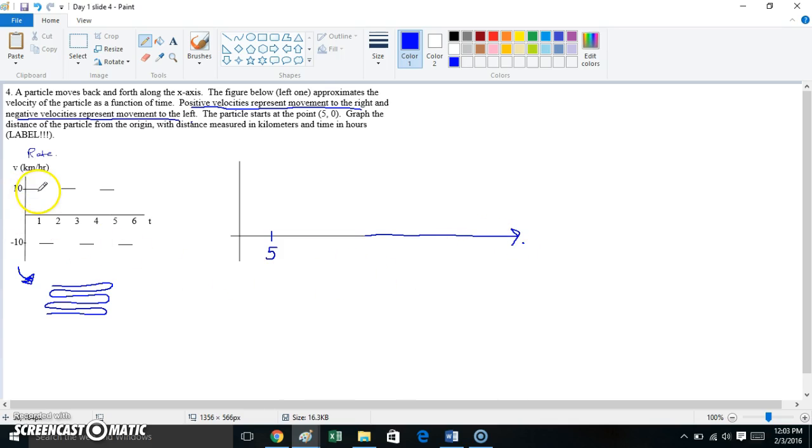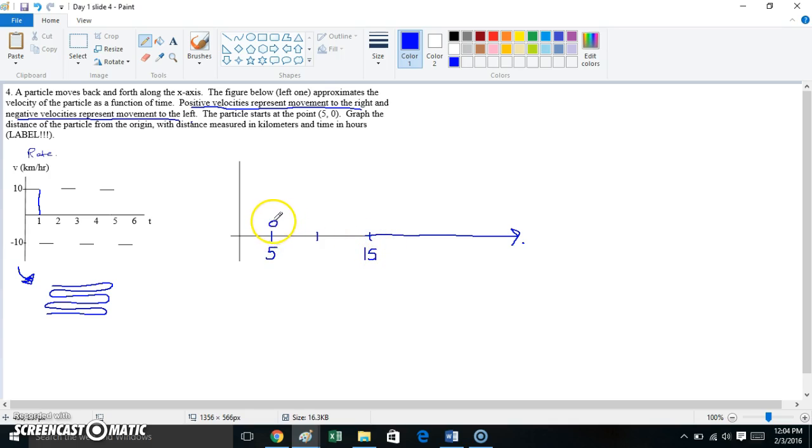Okay, so in the first hour, the object is moving at a velocity of 10 kilometers per hour, which means it's moving to the right 10 kilometers in that hour. So I'm just going to roughly mark out here.